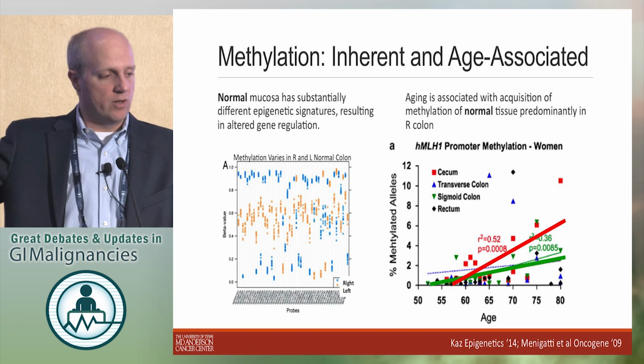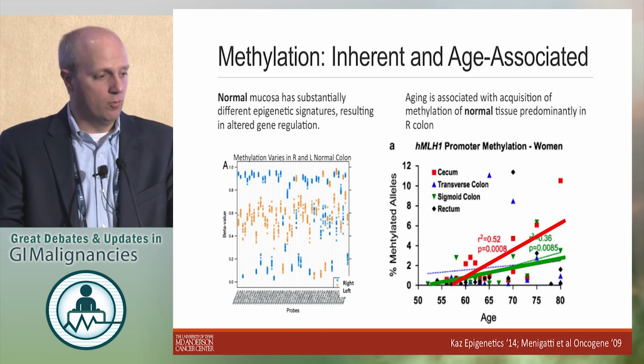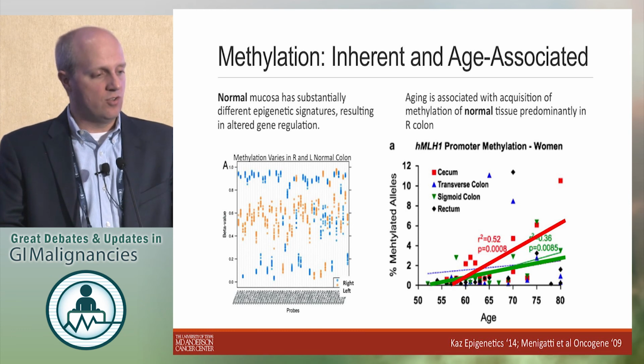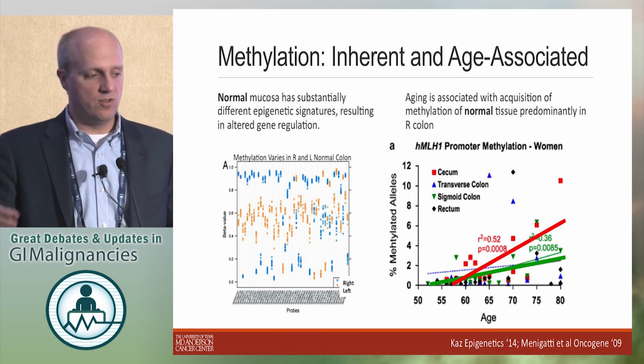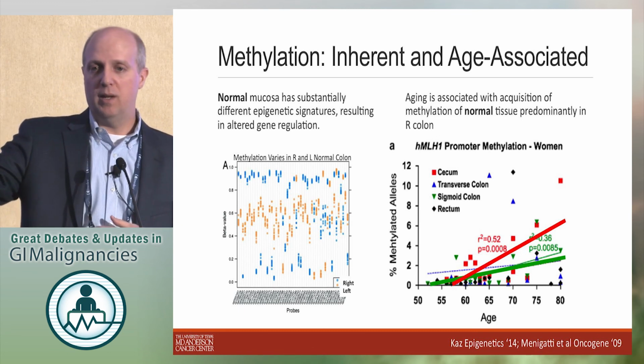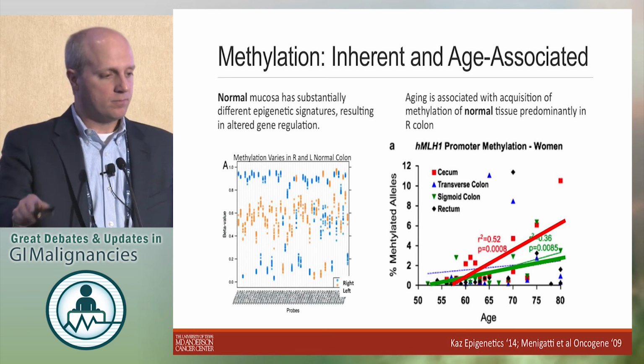This shows some differences in particular areas of methylation in the normal mucosa. It's a little small, but you can see the left colon in orange, and regions that have either substantially higher or substantially lower methylation.